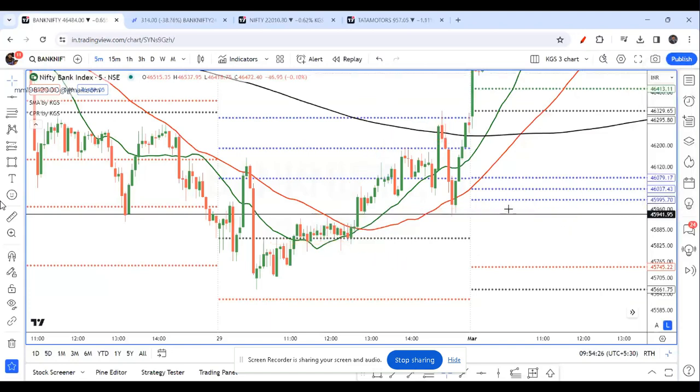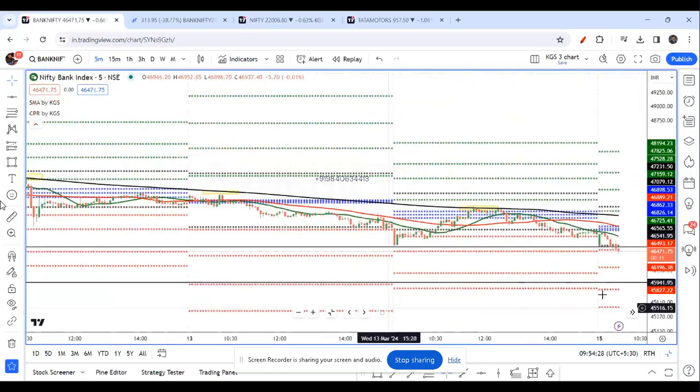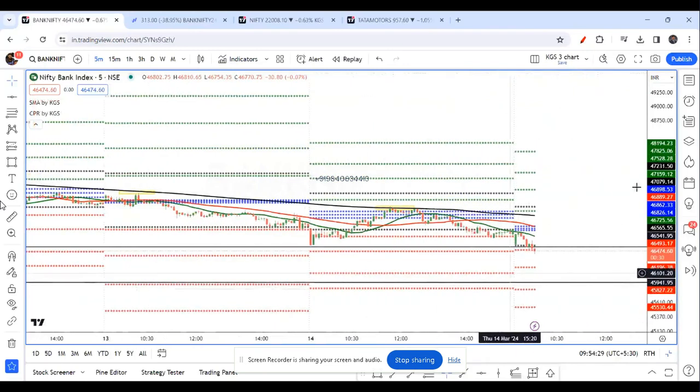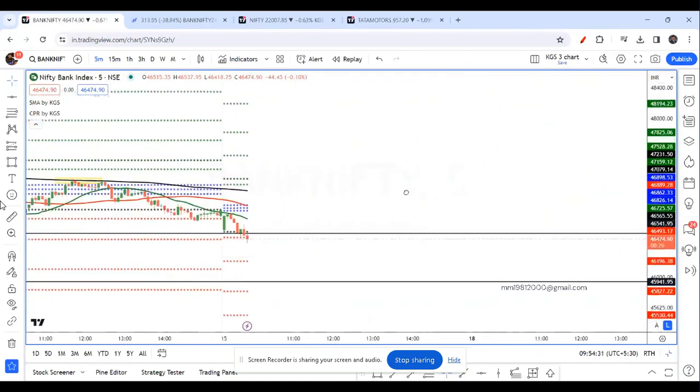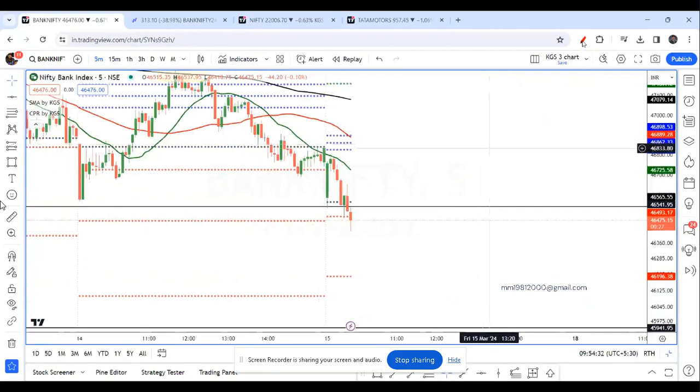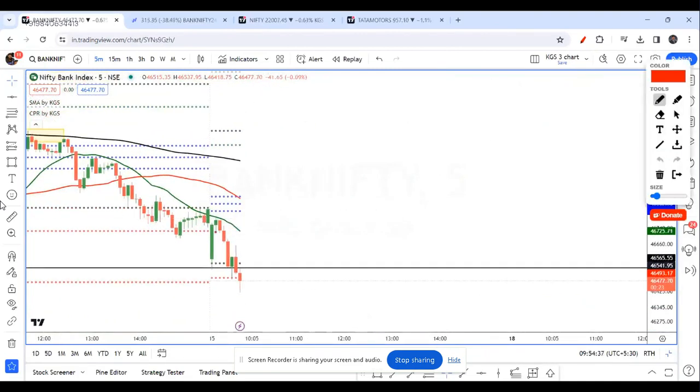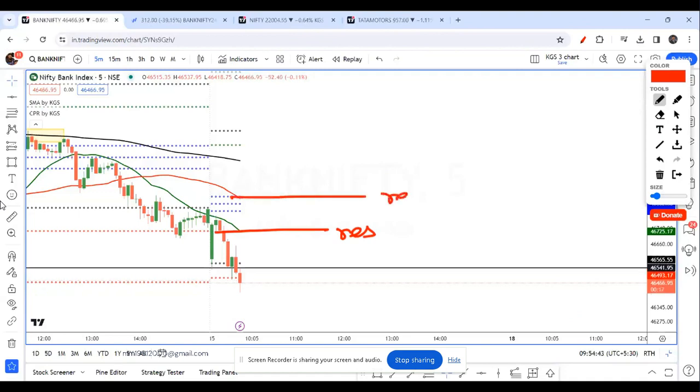So today also we can expect the same thing, correct? Now in the 5 minutes chart, apply the same psychology. I want the 20 to act as a resistance. If the 20 does not give resistance, then the 50 should give resistance. If the 50 does not give resistance, 200 is my target.